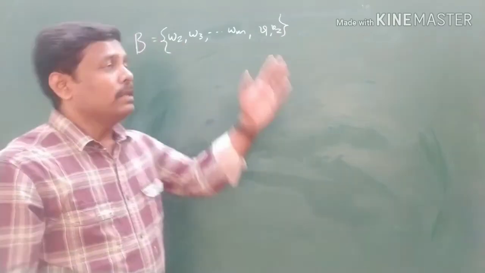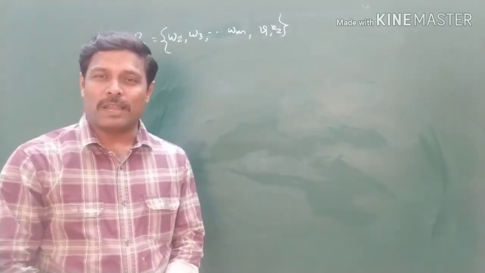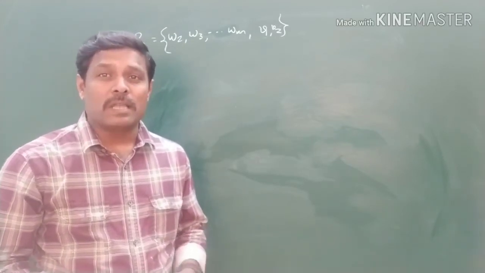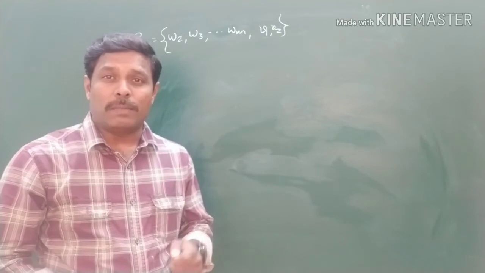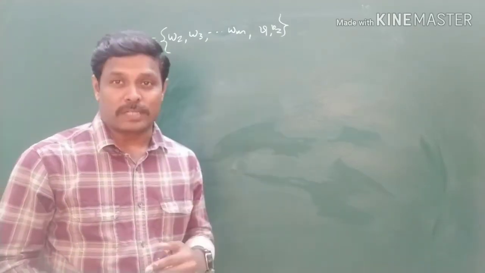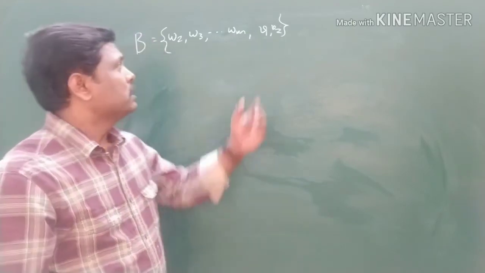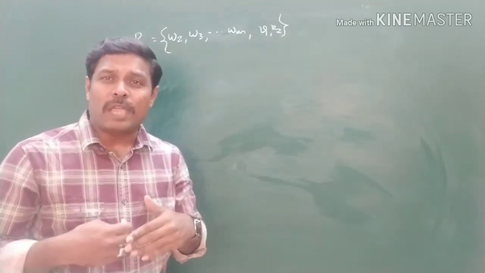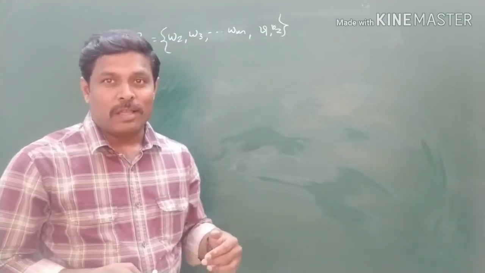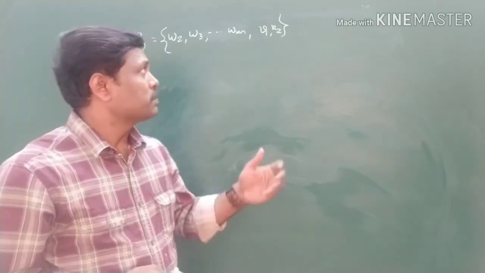Now this is also a linearly dependent set, and therefore its proper subset will become a basis, and every element of V can be written as a linear combination of these vectors. But the problem is how many elements we have to escape from V1, V2, Vn. That is the main problem.